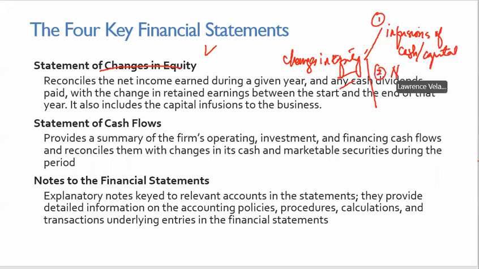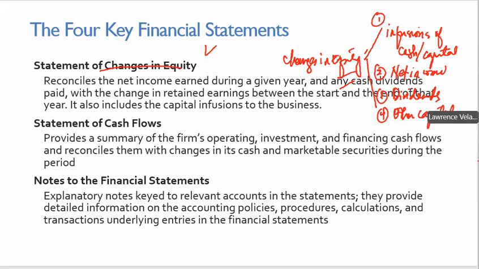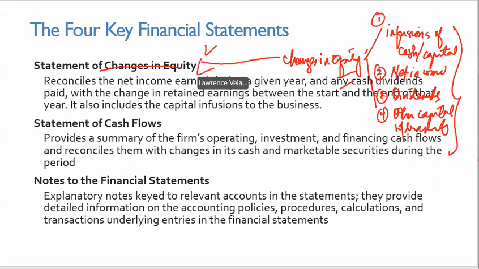There could be net income, so that increases retained earnings. There could be dividends and other capital withdrawals. All of these changes are included in the statement of changes in equity.